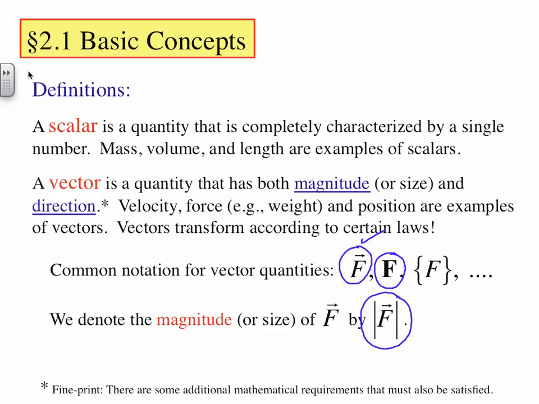This is a lot of extra notation, so I'll just use the symbol itself to indicate magnitude. That is, if I simply write a vector quantity like this, that will indicate a magnitude versus writing it as the symbol with the arrow over the top, and I'll use just a single arrowhead instead of a double arrowhead. This will indicate a vector.